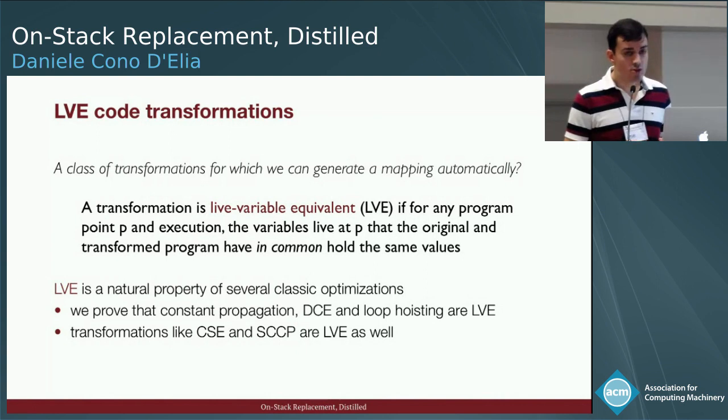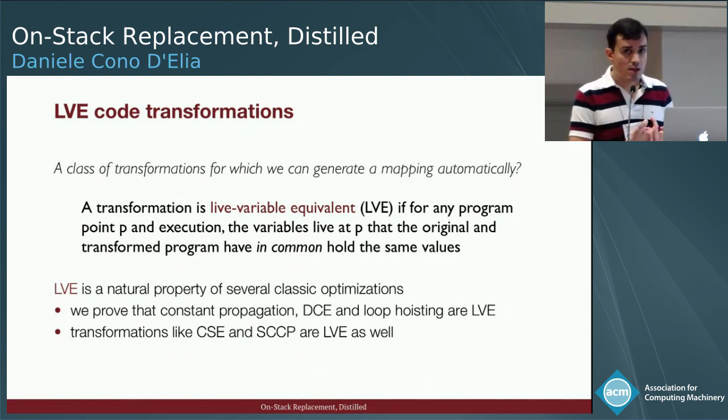So a transformation is LVE if for any program point and for any execution, you know that the variables that are live, both in the original and in a transformed program, must hold the same value. I'm focusing only on the live variables that are in common.